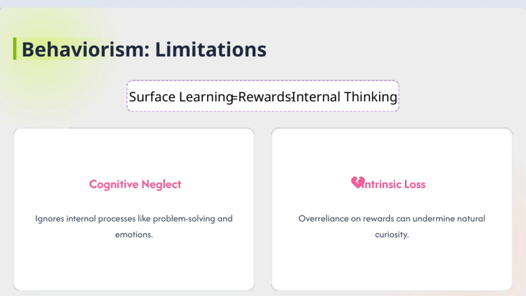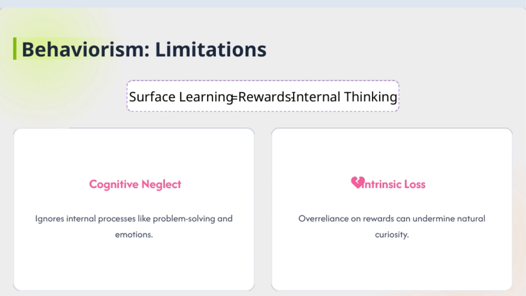These are all vital parts of learning that get overlooked when we depend solely on external rewards. When internal thinking is neglected, learners often settle for surface learning. They might memorize facts just enough to get the reward, rather than truly understanding the material. This ties into the limitations of behaviorism, which emphasizes external stimuli and responses.